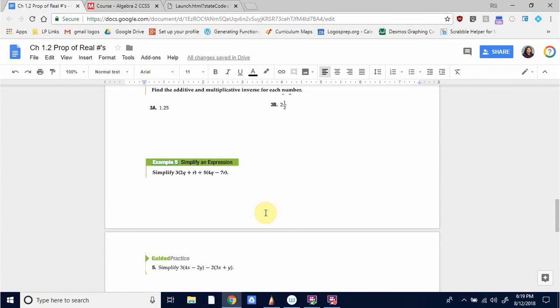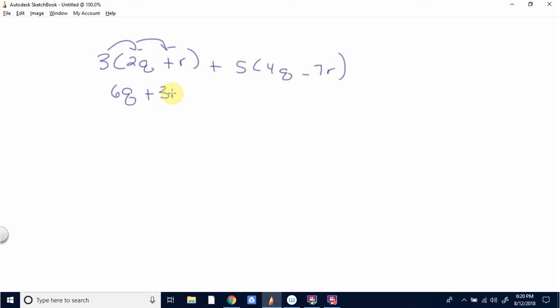Now let's simplify an expression. We're going to use the distributive property here, and we're going to simply distribute that value. So let's write the problem: 3 times (2q plus r) plus 5 times (4q minus 7r). So they want us to simplify, so we have to distribute first in order to break the parentheses. 3 times 2q is 6q. 3 times r is 3r.